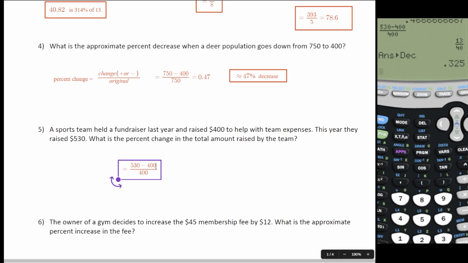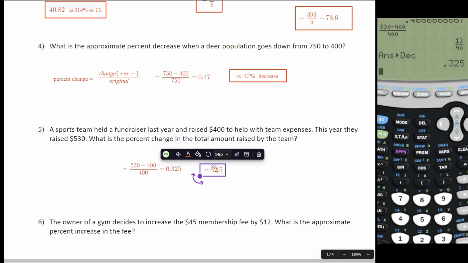So I get 32.5%. I guess maybe I should write that here. So the actual decimal amount is 325 thousandths, which is 32.5%.